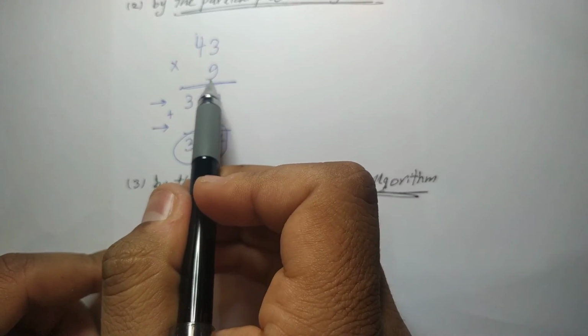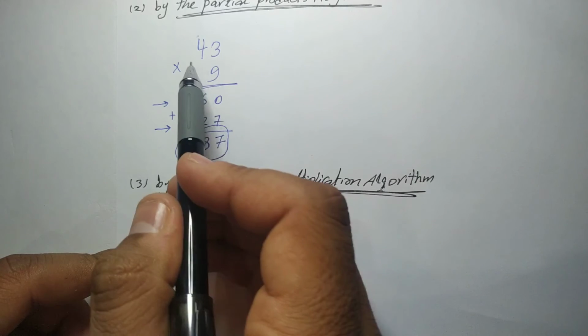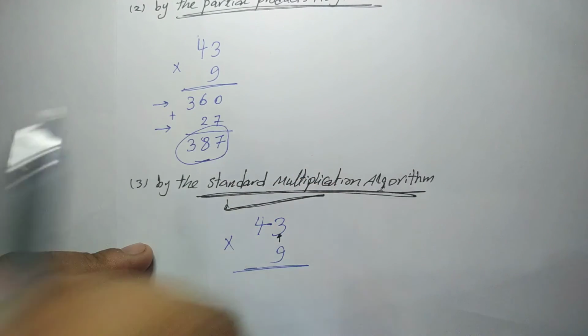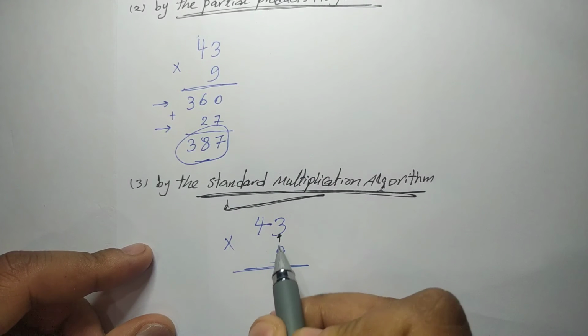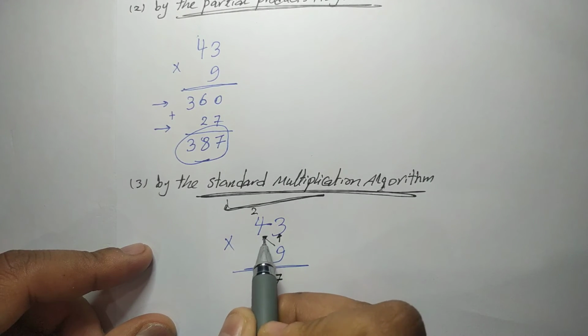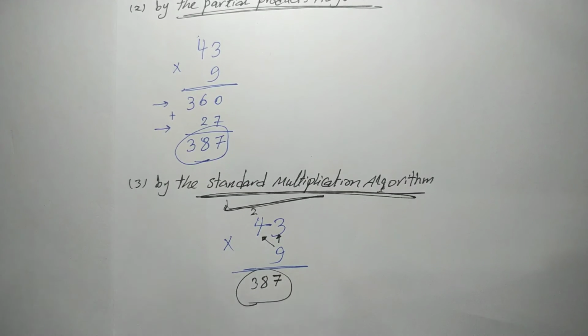In the partial multiplication, I will start with the largest place value and doing the zeros. So here 9 times 3, 27. 7 and carry up 2. 9 times 4, it will be 36. 36 plus 2, 38. It's the same answer.